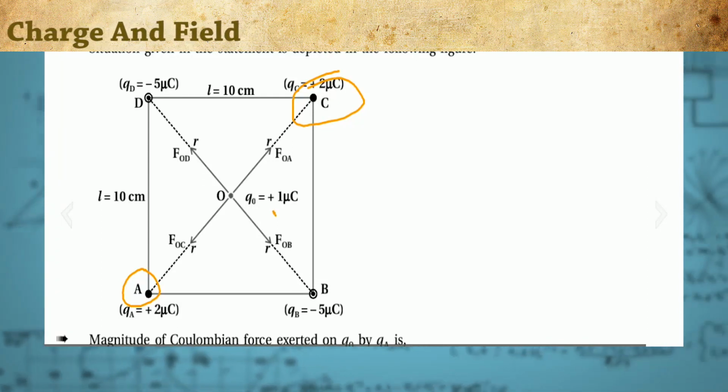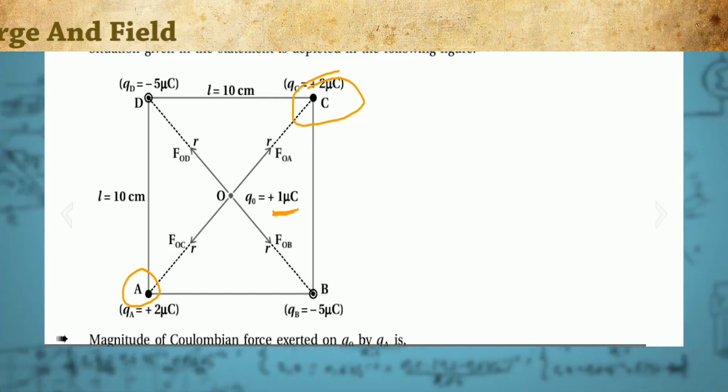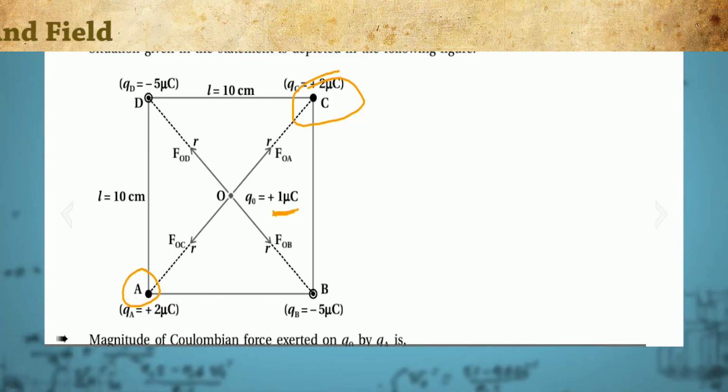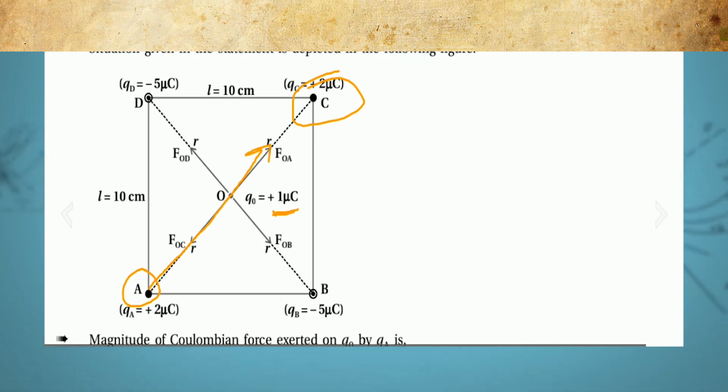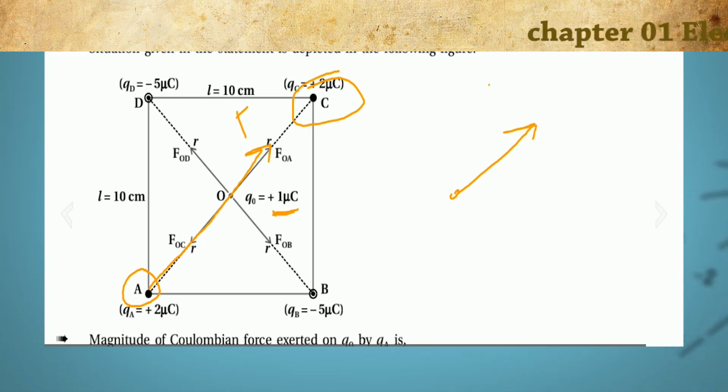Here you are putting a plus 1 μC charge, then the force exerted by A on O is in this direction, and the name of the force is force on O due to A.